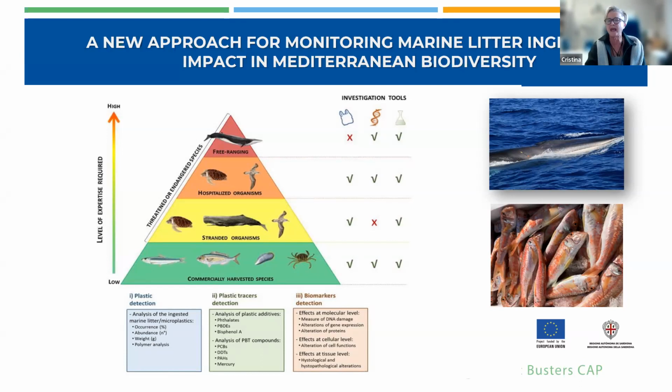What I would like to say is that obviously, if we are talking about the detection of microlitter and microplastic in commercial species, as described by Dario, mussels and fish, I strongly believe that the detection of microlitter and microplastic can be done by all of us with a very small specialization.